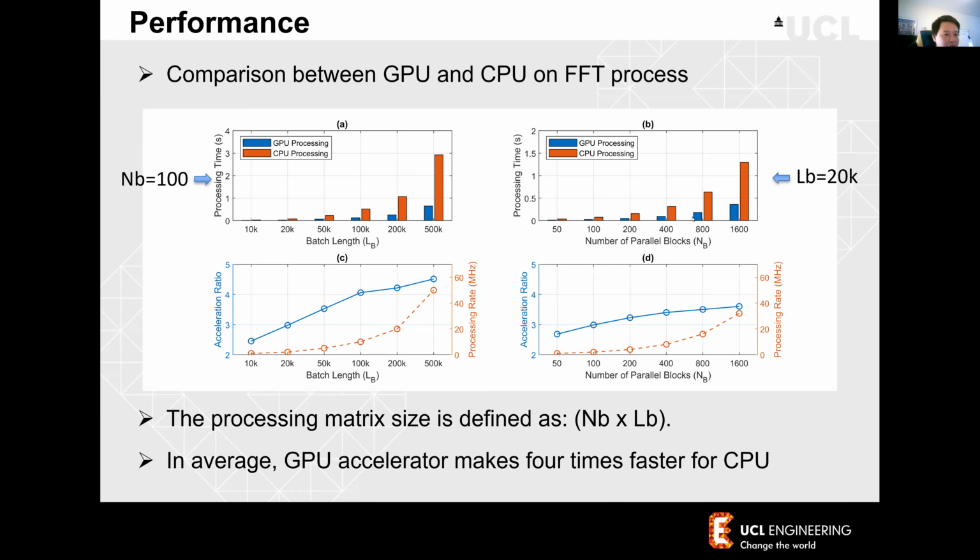It also shows that when the parallel blocks increase, the GPU gives a much shorter processing time compared to the CPU, starting from about 2.7 until 3.5 times quicker than the CPU process.